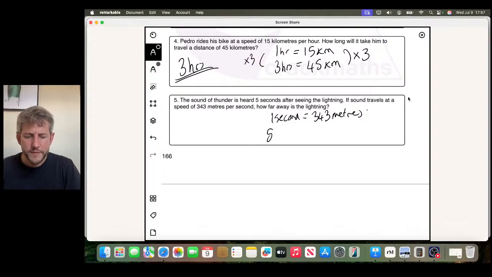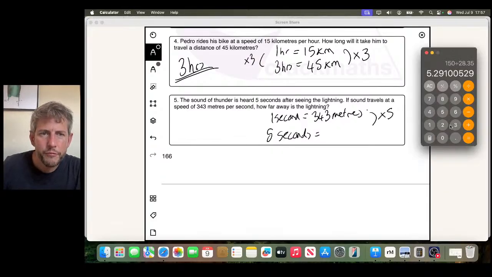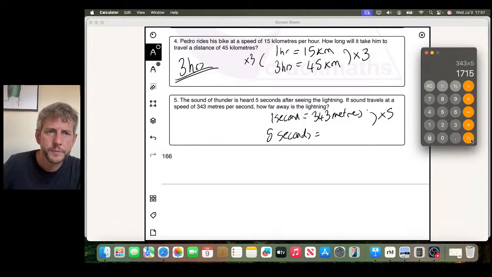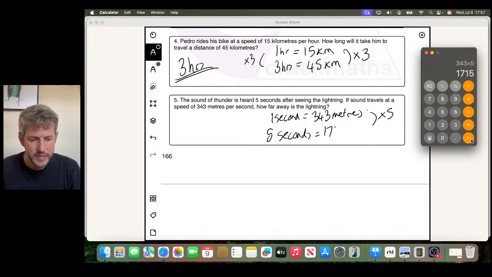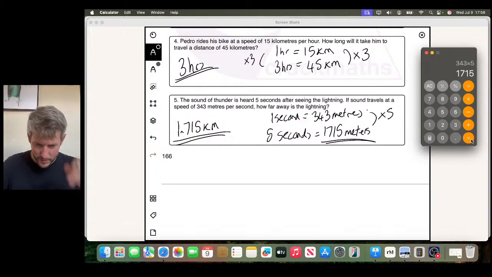We want 5 seconds, so that will be this times 5. Let's get out the calculator. 343 times 5, and there we go, that's 1,715 meters. We could also call that 1.715 km. But I think it will give you the answer in meters as well. But you could do both.